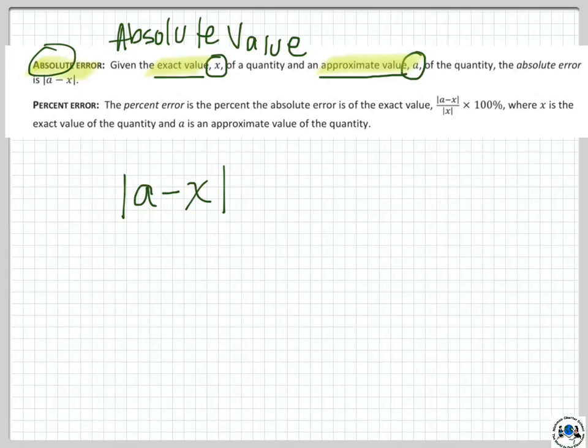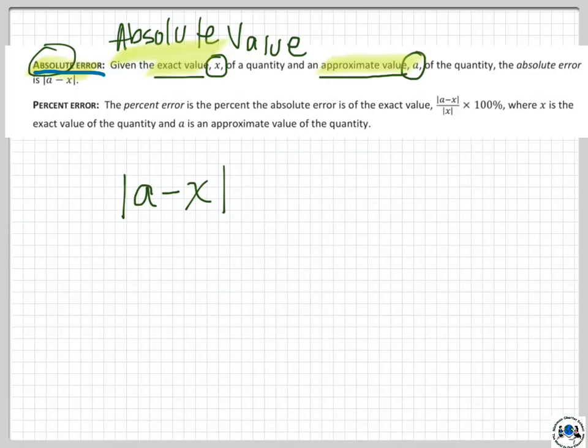So this idea of absolute error is really important, because up to a certain level of error percentage is allowed in some professions. Beyond that, it's not allowed, or it's unadvisable. But anyway, we're figuring out this absolute error.